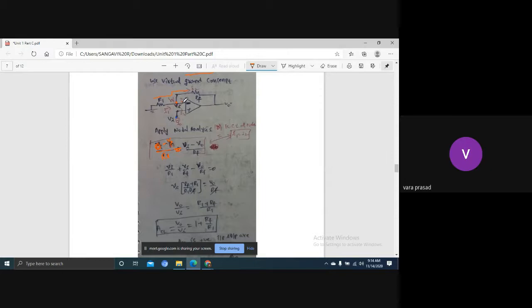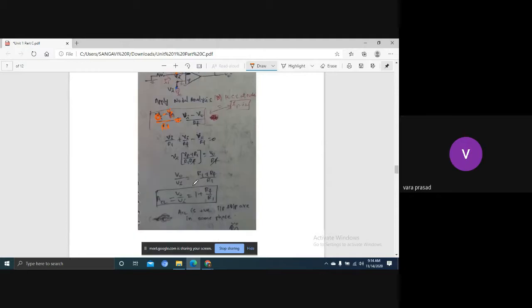Because this current is 0, I1 equals I2, that's why (0 minus Vi) by R1 plus (Vi minus V naught) by Rf equals 0. Then this total term can go to the left side. From this you can do the manipulation. Vi is common, then take the LCM, (Rf plus R1) by R1 into Rf.